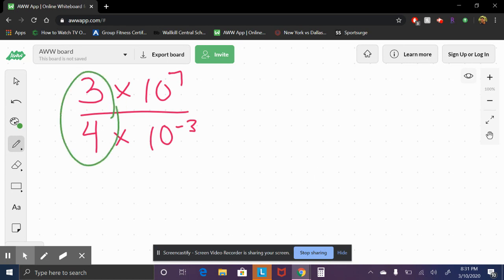That is actually reduced. 4 doesn't go into 3. But we want to write in scientific notation. It's okay to have a decimal as long as it is a terminating decimal. In this case, 3 divided by 4 is 0.75.